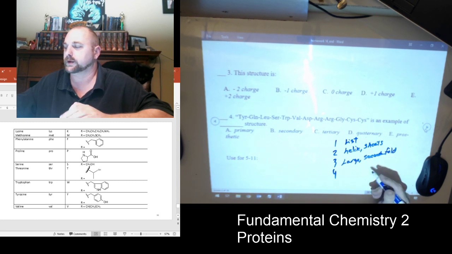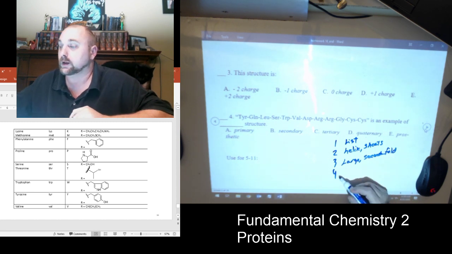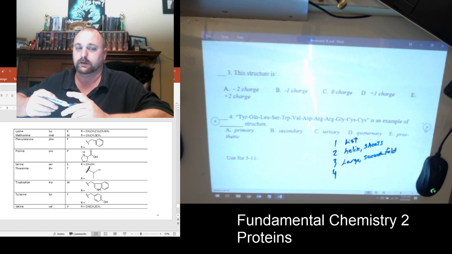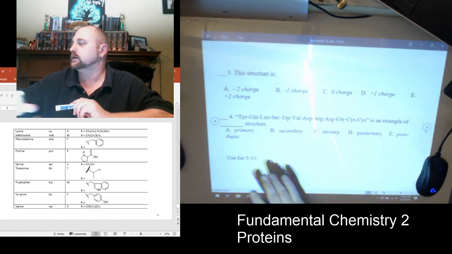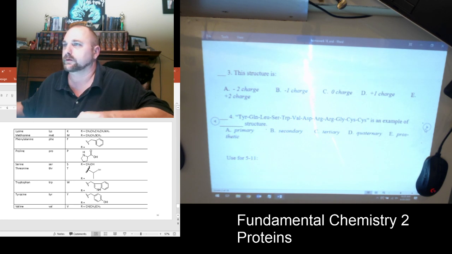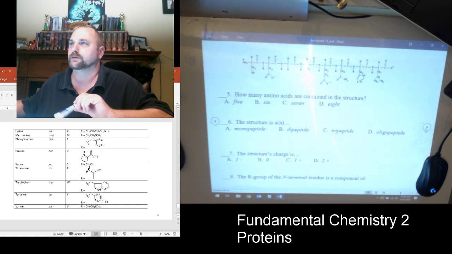And quaternary includes multiple structures, the main keyword we're going to look for. So we have primary, secondary, tertiary, quaternary, and prosthetic. Prosthetic's not making sense, so it's primary structure.